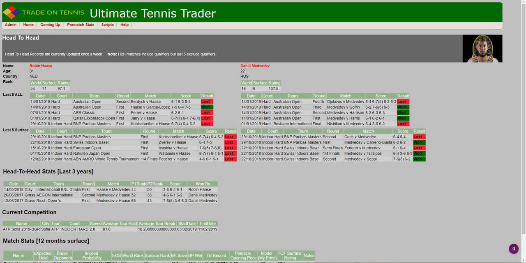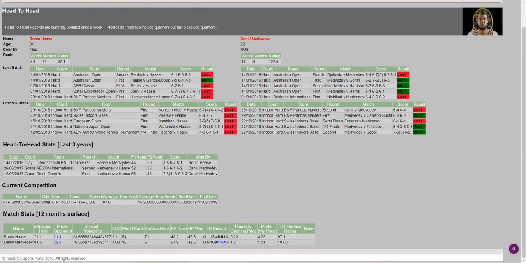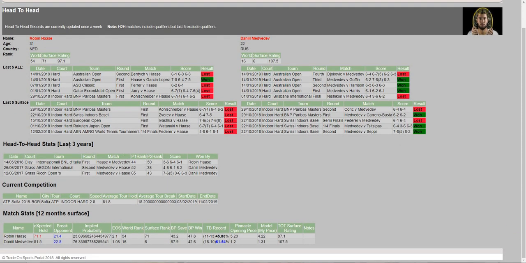It gives you their last 5 matches, last 5 surface for both players, any head-to-head that they've been involved in over the last 3 years, and their match stats, 12-month surface. Once again, everything taken from the pre-tennis odds page, but you haven't got the clutter of all the other matches. It breaks it down just between these two players.